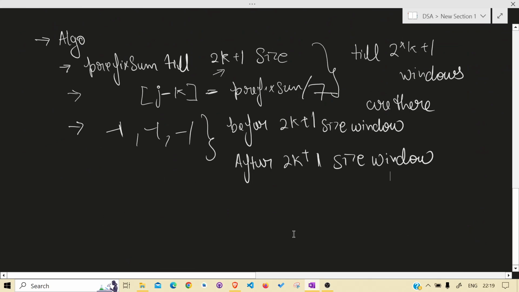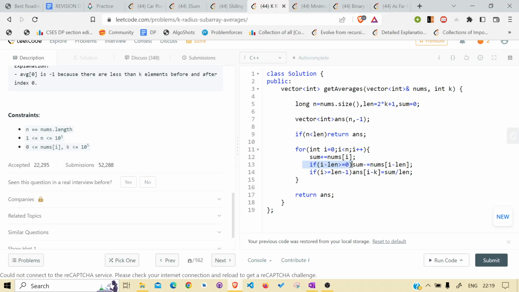This condition will occur when we have this size of window, this size 2k plus 1, and we just shift it, so that's why we have to minus this. So that's what we are doing over here. We are just subtracting it.